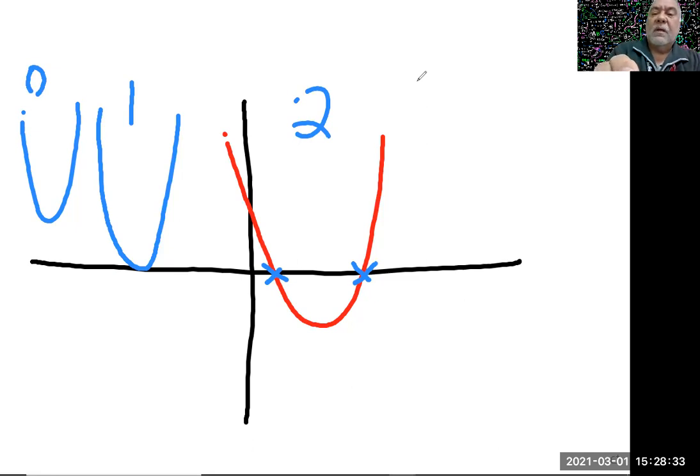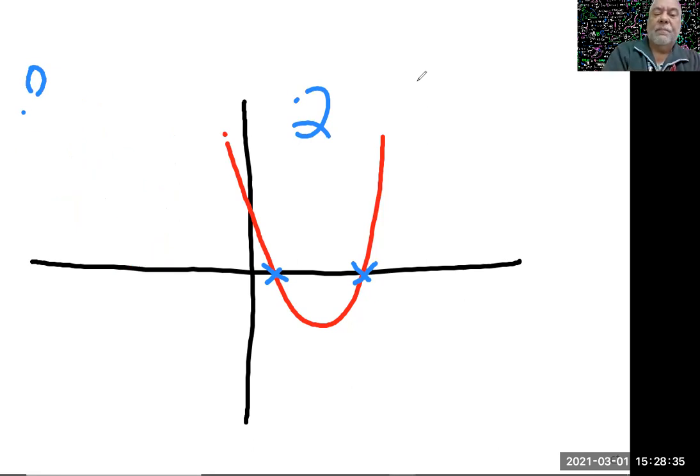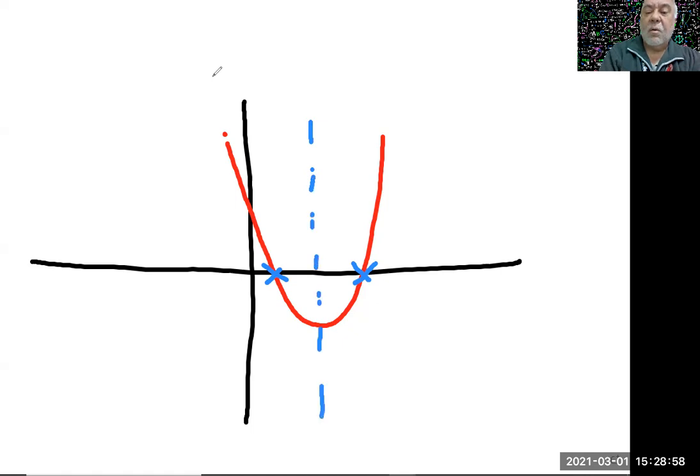Okay, so let me get rid of a couple of these first, because we're not going to talk about those right now. Let's talk about this one. So that's one, the x-intercepts. Then there's the vertex and the axis of symmetry. The axis of symmetry is the line that goes through the vertex. So the axis of symmetry is the x value of the vertex.